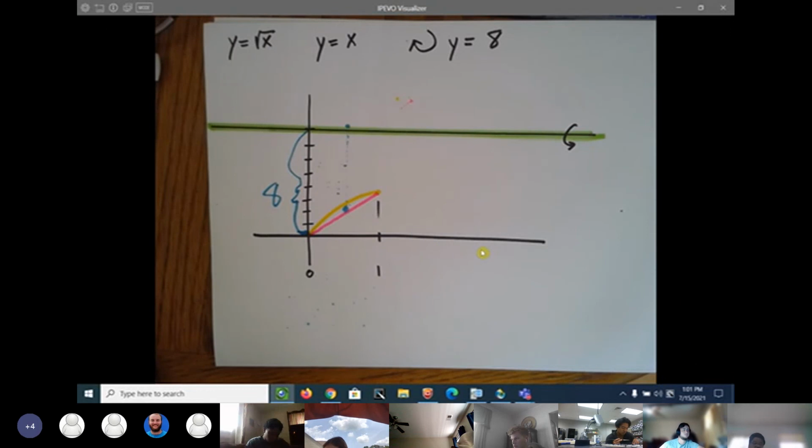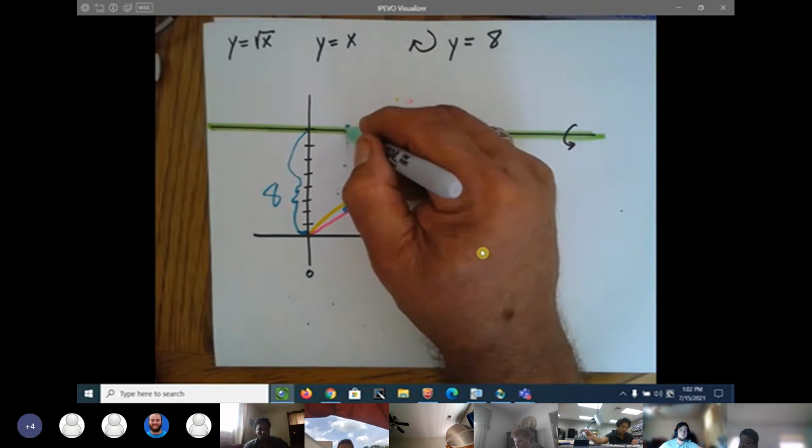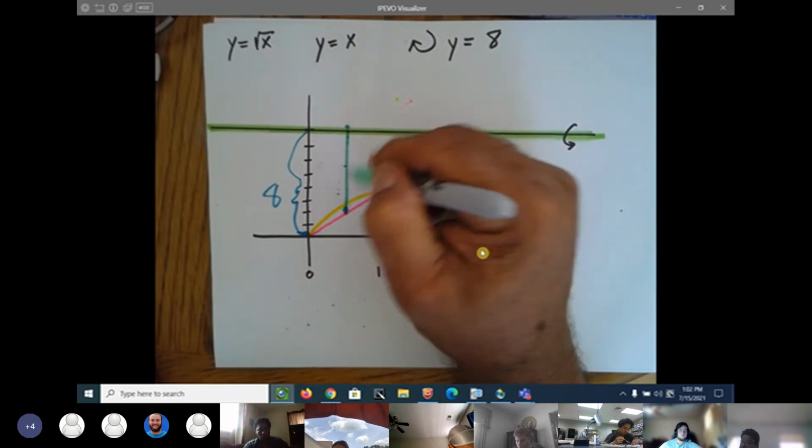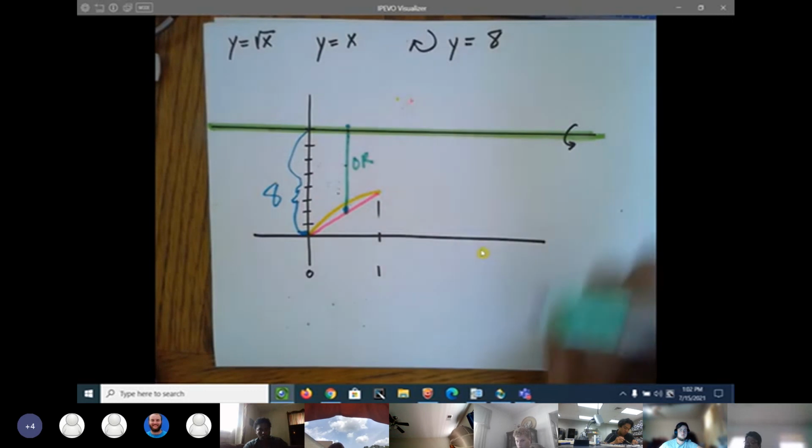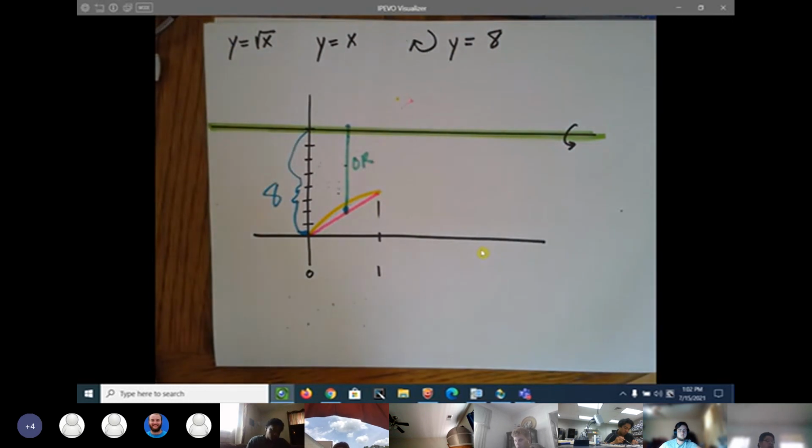Okay, now I'm going to take two colors. Let's go with this pale looking green. I'm going to do my outside radius. And I haven't used orange yet, so I'm going to use orange.